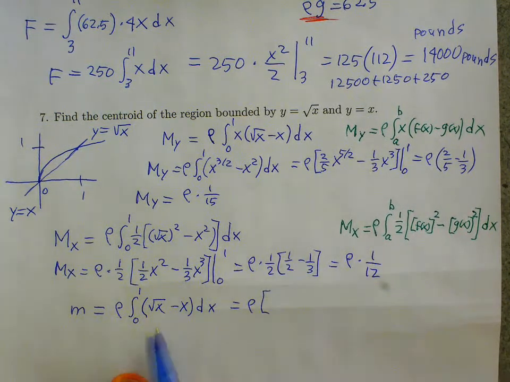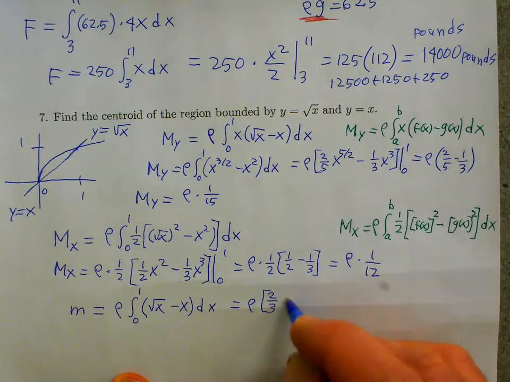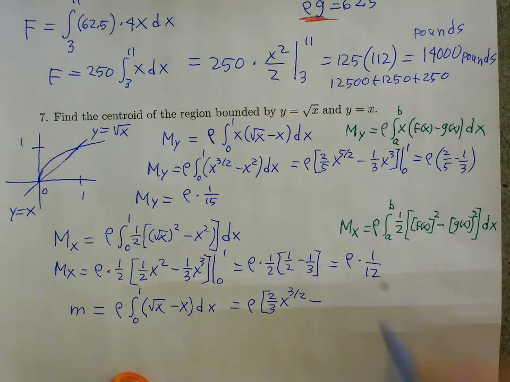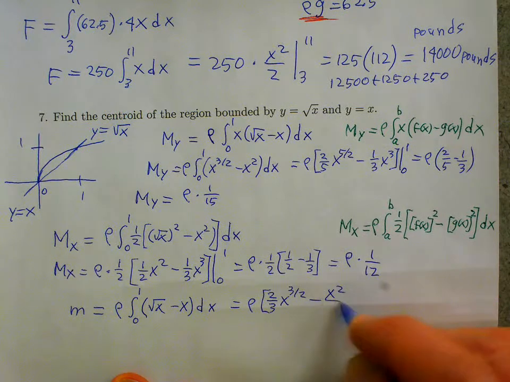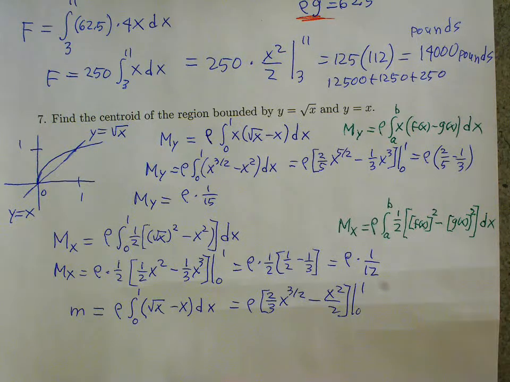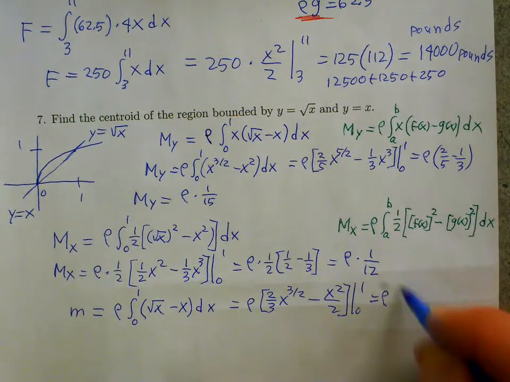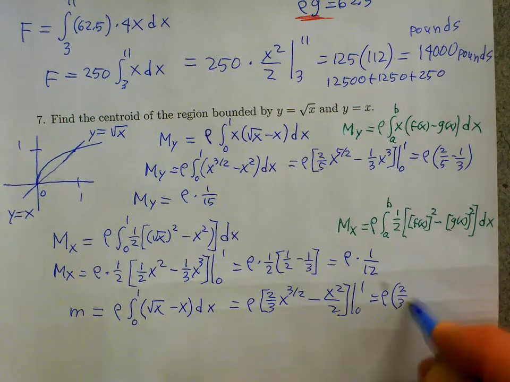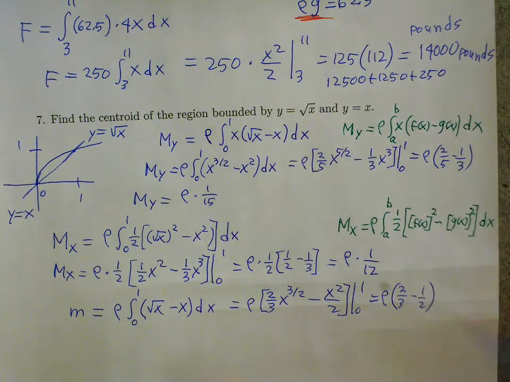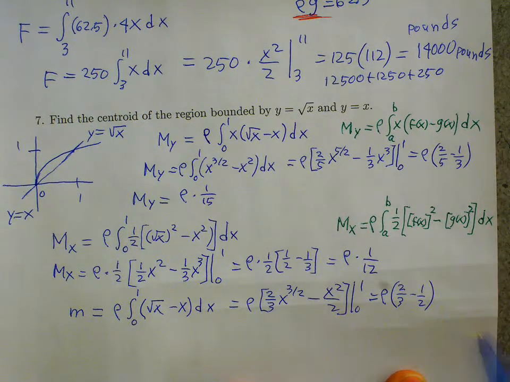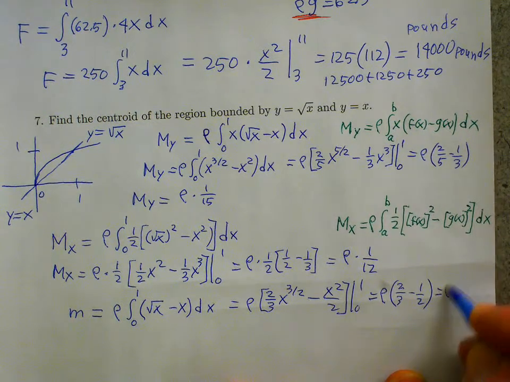An antiderivative of the square root of x is 2/3 times x to the 3/2, and then minus x squared over 2, from 0 to 1. So we get rho times 2/3 minus 1/2, which is 1/6. So the mass is rho times 1/6.